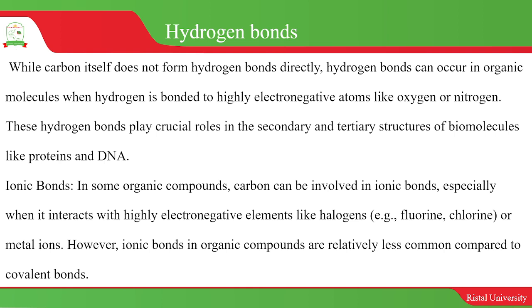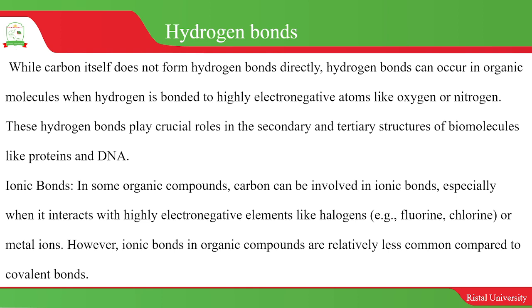And then we have the ionic bond, which is the other type of bonds. These ones are formed when you have atoms that have different electronegativities. So highly electronegative elements like halogens, like fluorine and chlorine, combining with metallic ions.